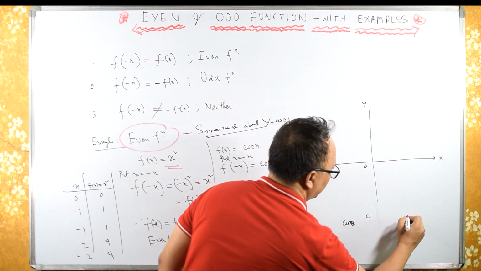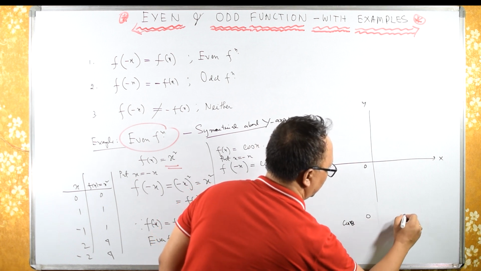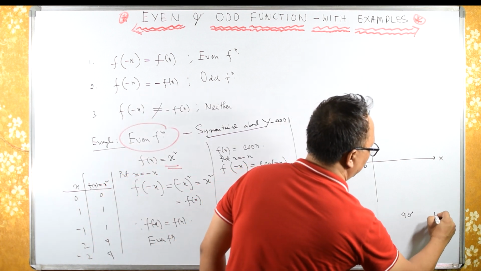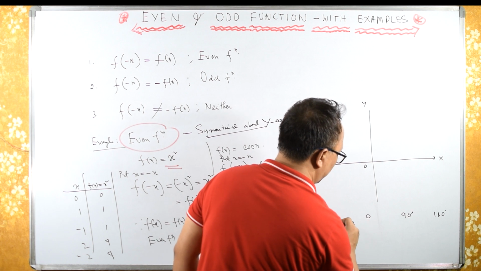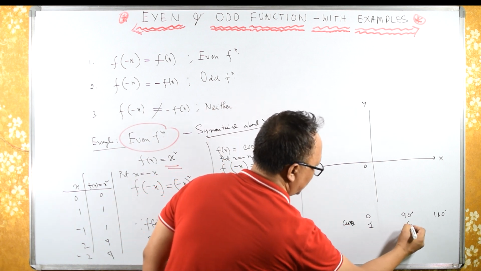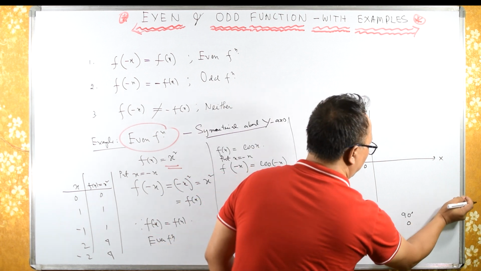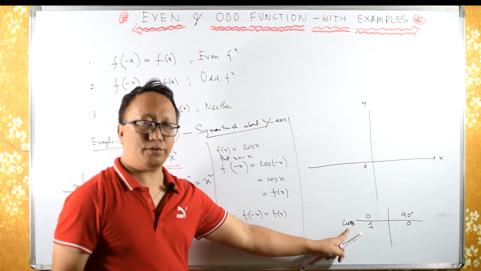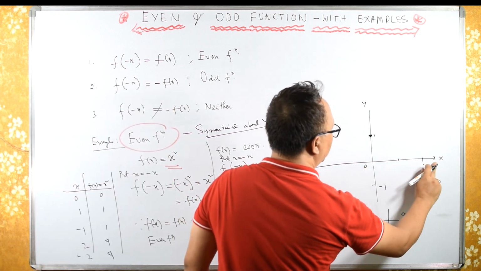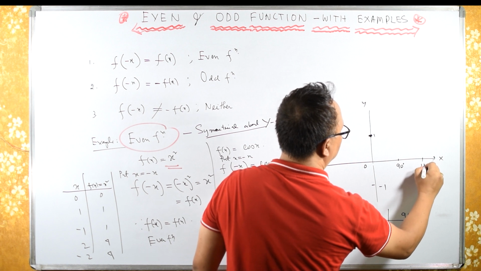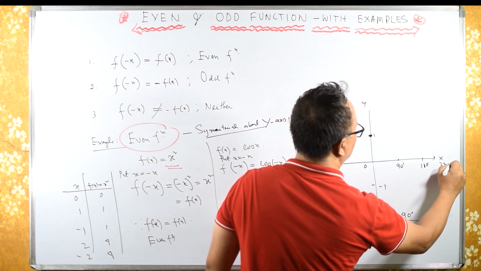Here we have 0, 90 degree, 180 degree, and so on. Cos 0 is 1, cos 180 is minus 1. Since cos is oscillating, we mark 0, 90, 180, 270.